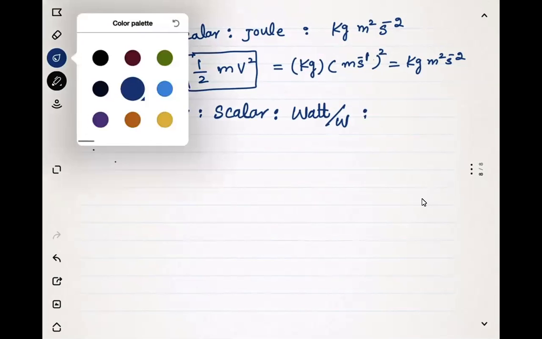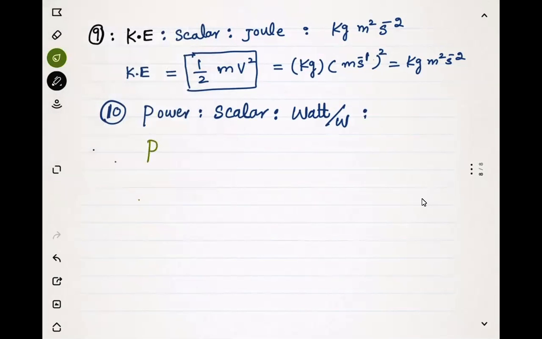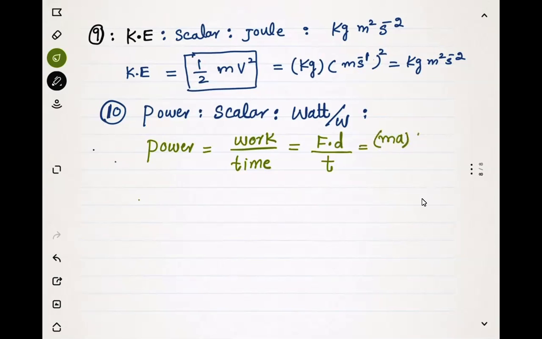So for power, the formula is power is equal to work over time. You know, work is force into distance divided by time. That would become M A times D divided by T. So the unit and base unit of power will become kilogram meter second minus 2 for acceleration.